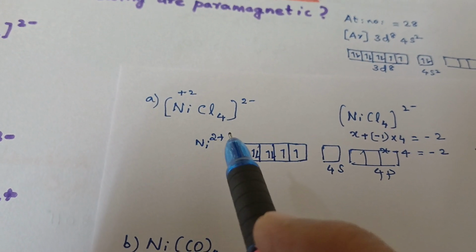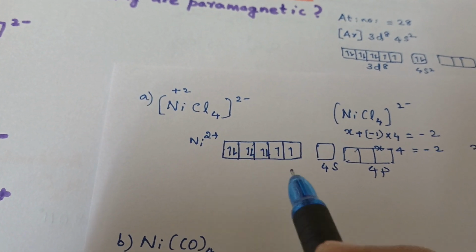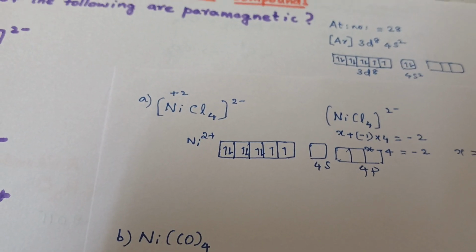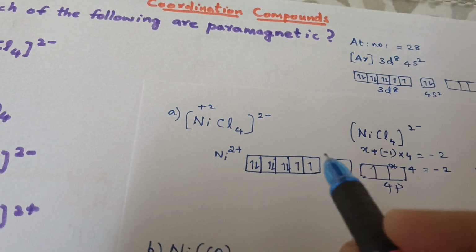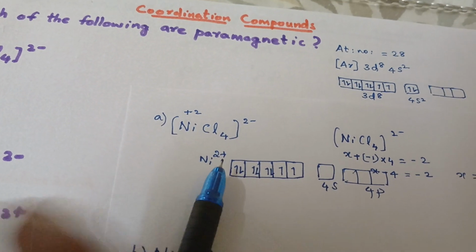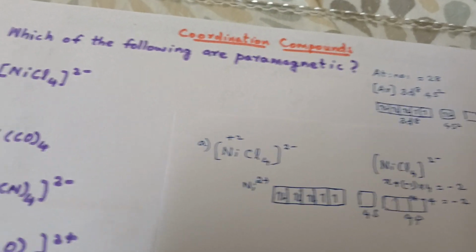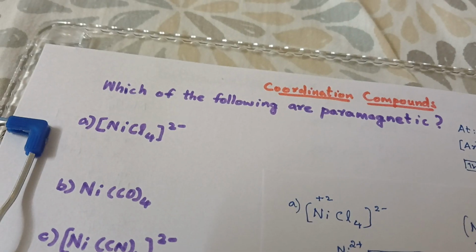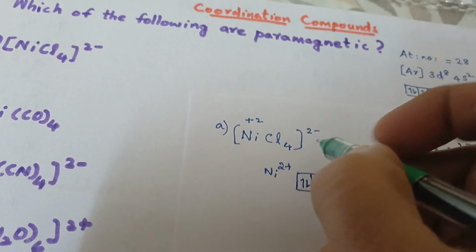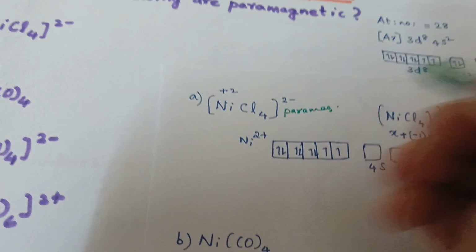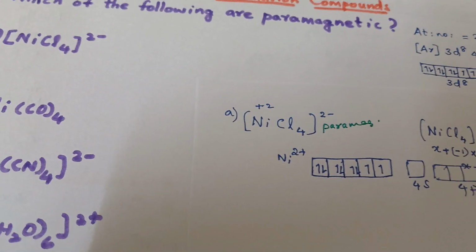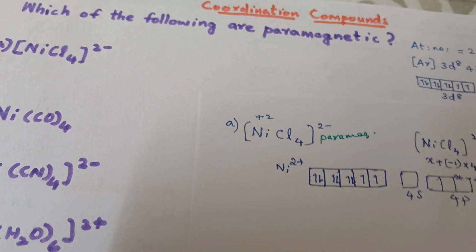Since the chloride ligand is not a strong field, it's a weak field ligand, it will not make these electrons pair up. So that means NiCl4 2- will be paramagnetic, because there are unpaired electrons.